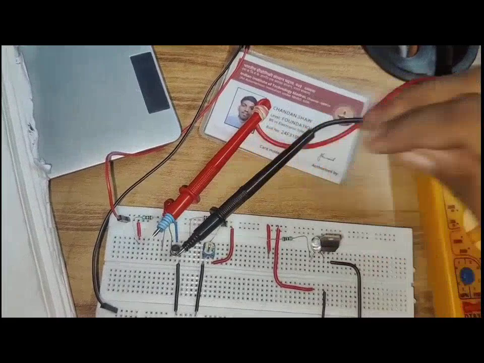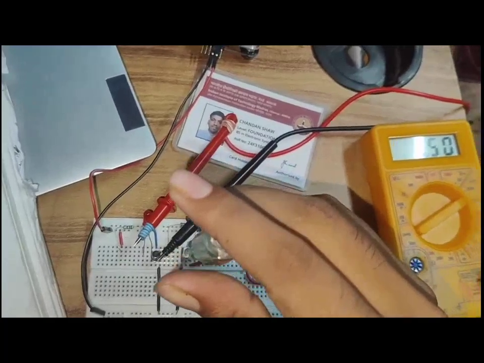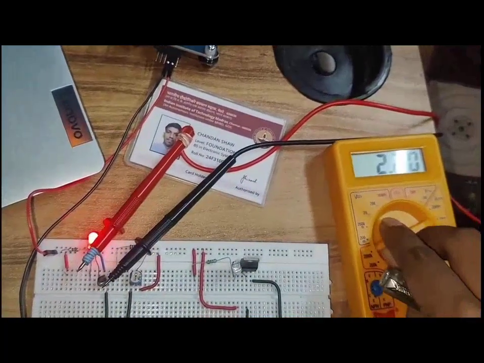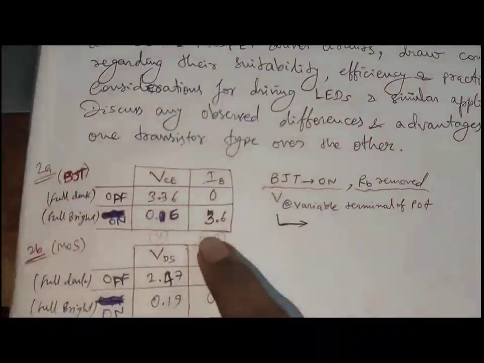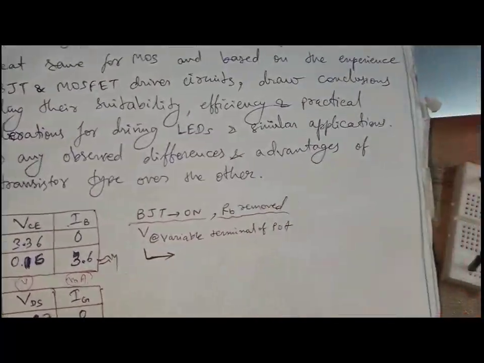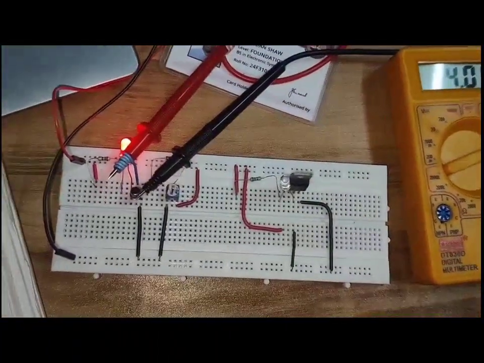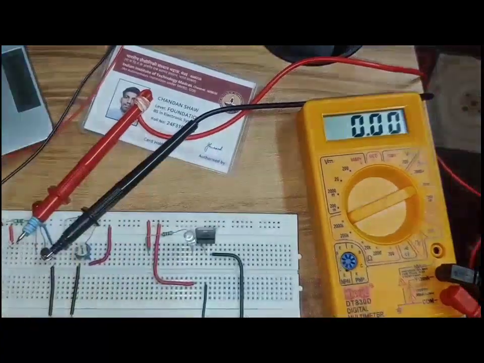Now in off condition around 0.5. No, it is not connected. 4 amps, and this is 3.6, but this is 4 amps. Now in off condition, yes, it is 0.